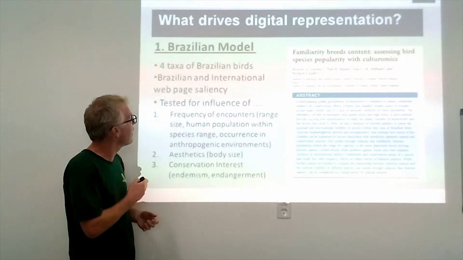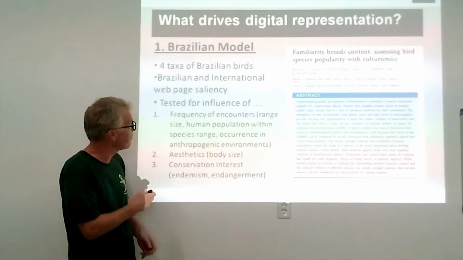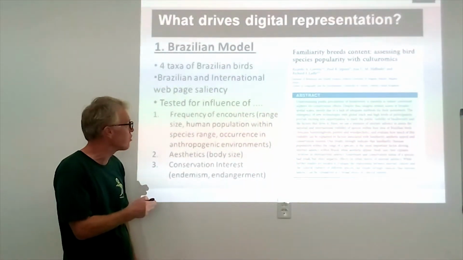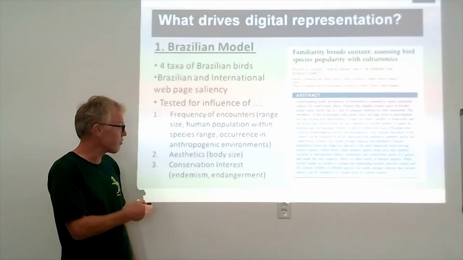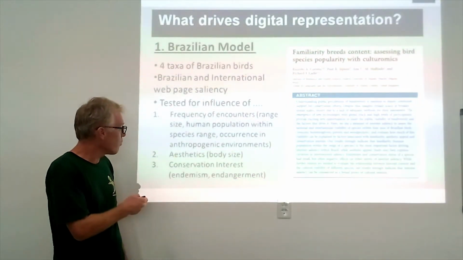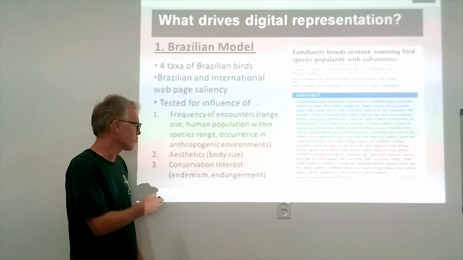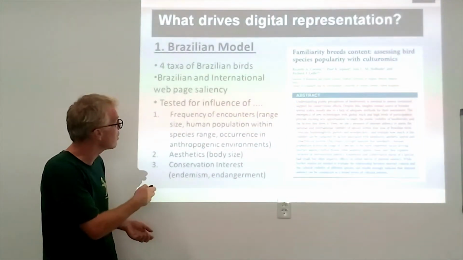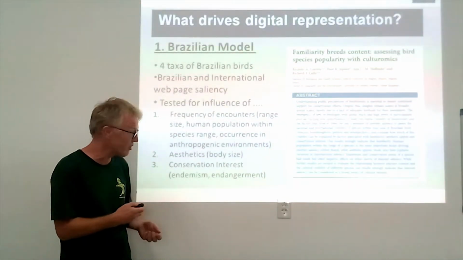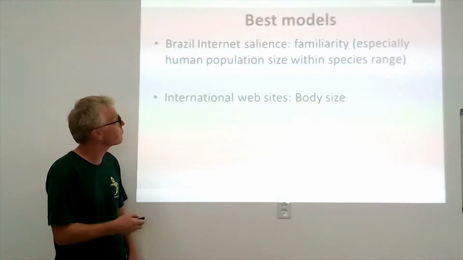And we looked at Brazilian salience on Brazilian websites and international websites, and tested for the influence of frequency of encounters in the physical realm: range size, human population within species range, occurrence in anthropogenic environments. We had one measure of quality of encounters, which is body size, which relates to aesthetics, but it also relates to frequency of encounters, because it's related to conspicuousness. And conservation interest: endemism, endangerment.